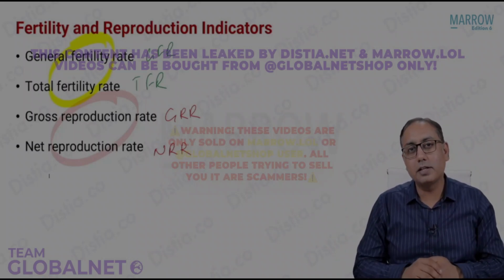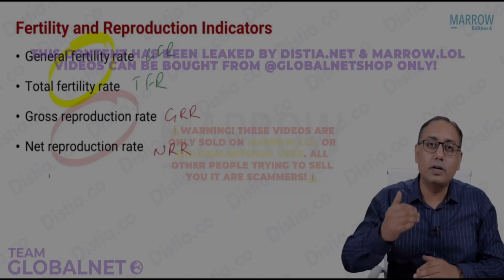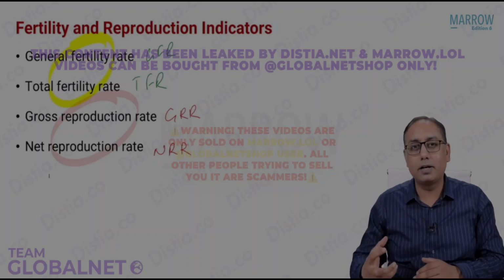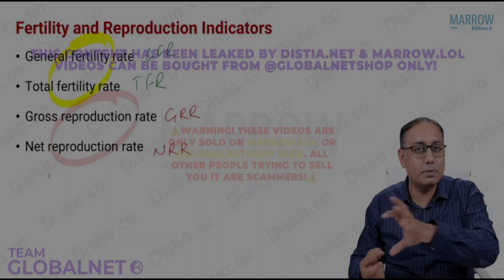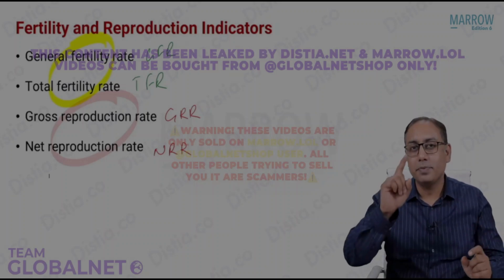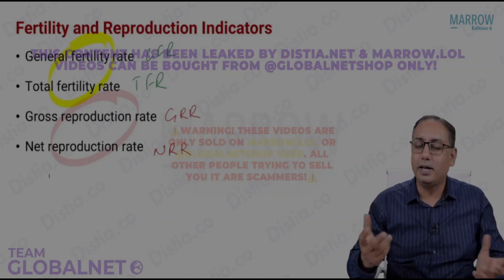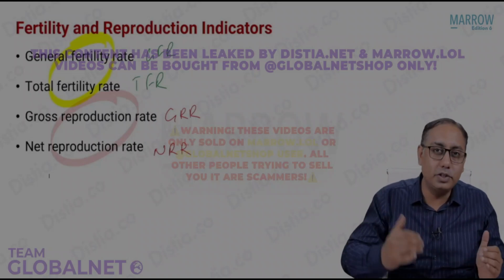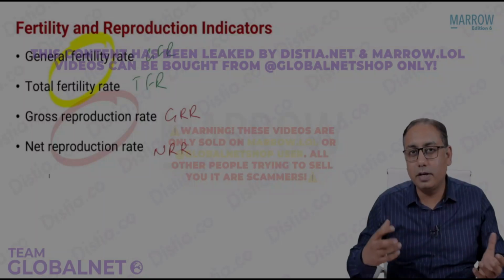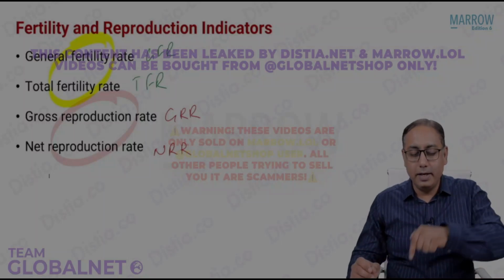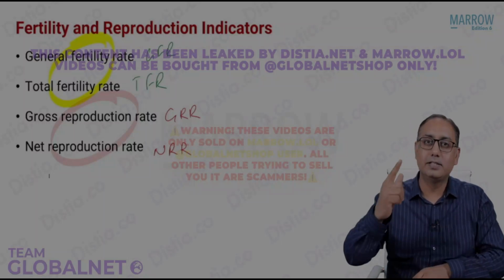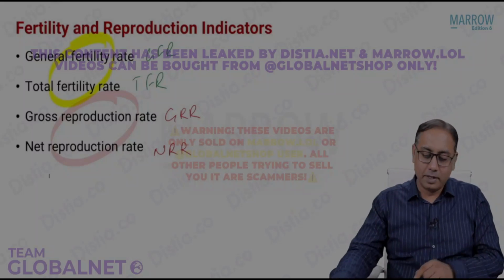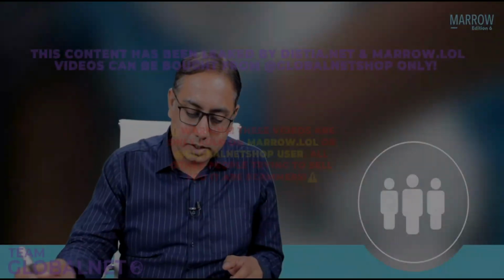If the question says the total number of daughters born to a couple within the reproductive age group, assuming the age-specific fertility rates, the answer is gross reproduction rate. And if finally the question says the total number of live births or children a couple is going to bear during her reproductive years, assuming the age-specific fertility rate, the answer is simple, that is TFR. So, with that, I'd like to thank you for watching this module.